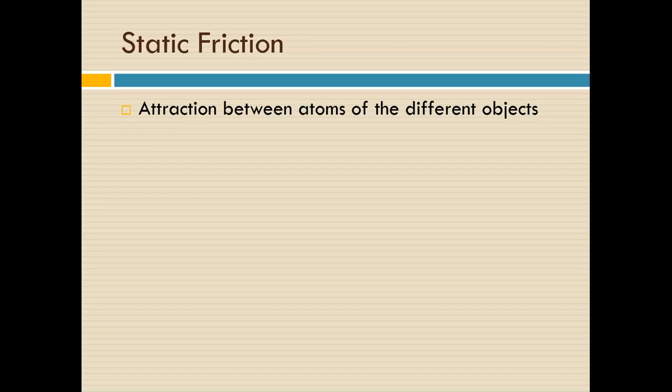Namely, static friction is the attraction between the atoms of two different objects. Again, we're going to have the two surfaces. So there's this surface here, and here's the rough surface here. But this time, the object's not moving. So we have a molecule here and another molecule here, and there's going to be a bond in between.